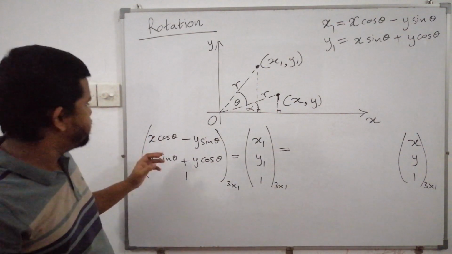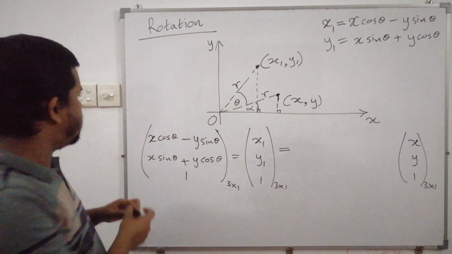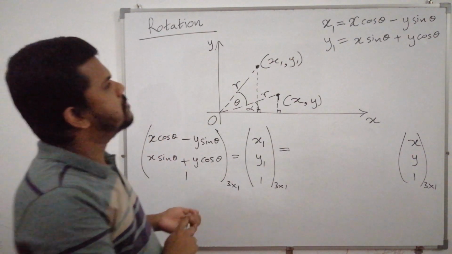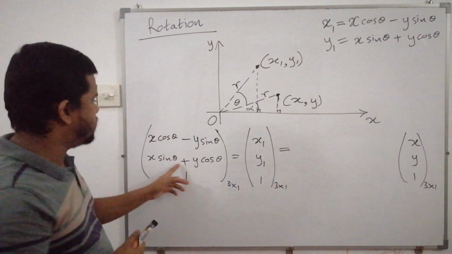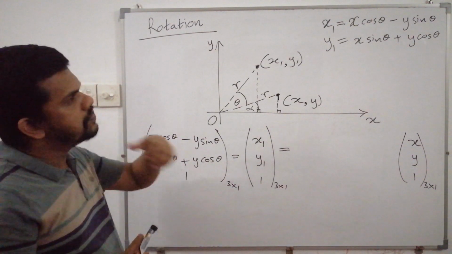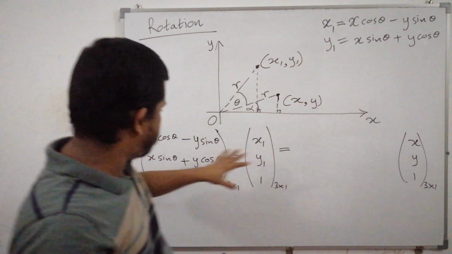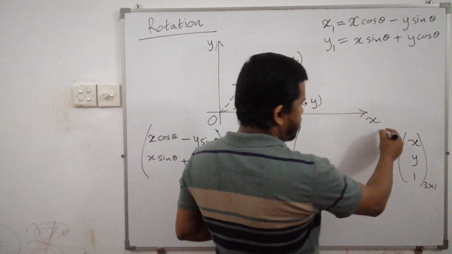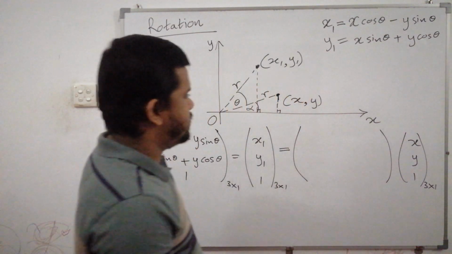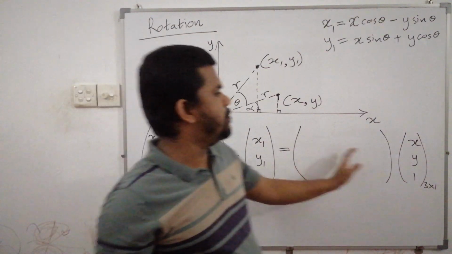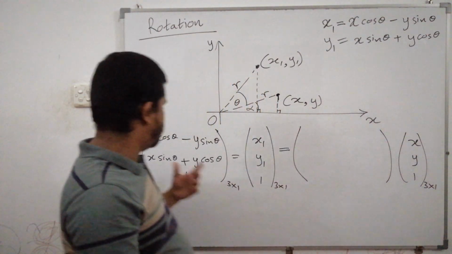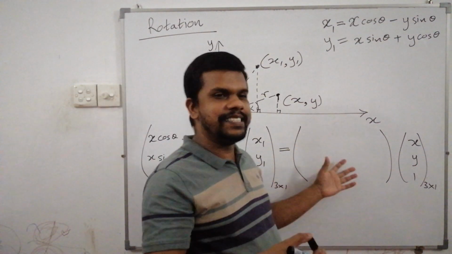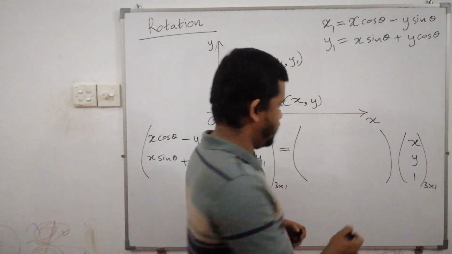Now here x cos theta minus y sin theta, x sin theta plus y cos theta. From here we have substituted. Now here we have to find the matrix such that if we multiply these two matrices, you should get this. Then we can say this is the transformation matrix.